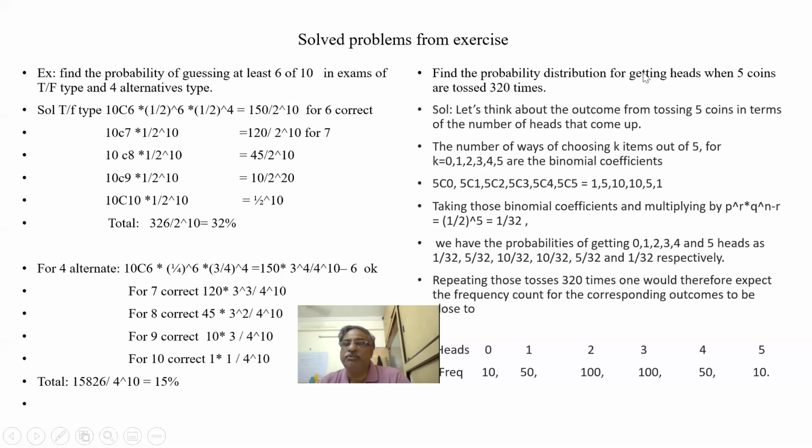Find the probability distribution for getting heads when 5 coins are tossed 320 times. 5 coins are tossed. Suppose each coin, when I toss, gives probability 1 by 2. For 5 coins, 1 by 2 into 1 by 2, 1 by 2 to the power of 5.